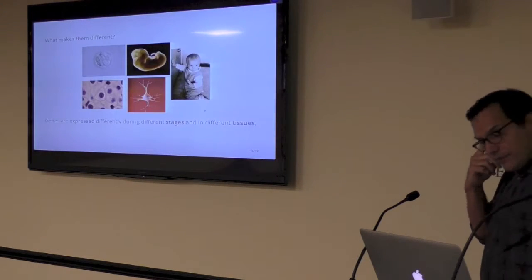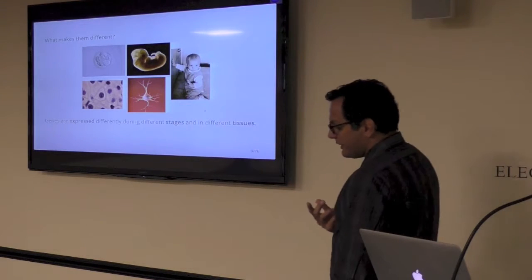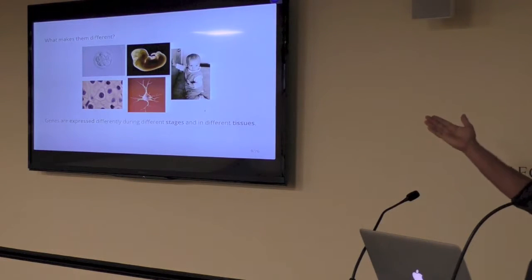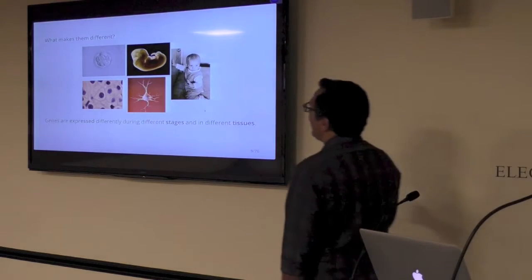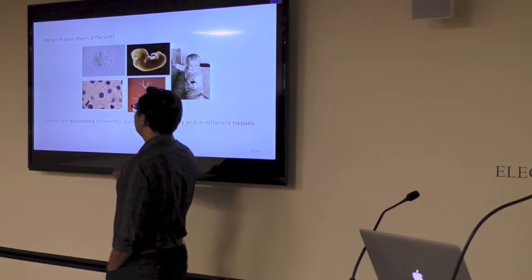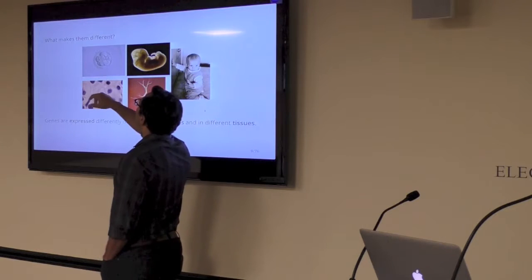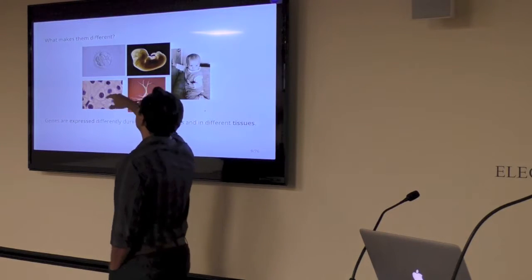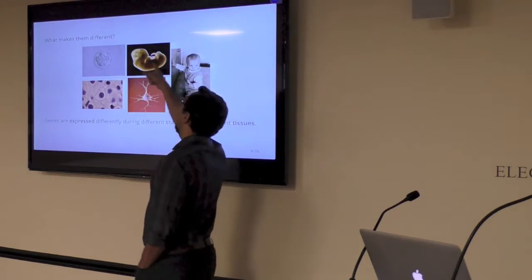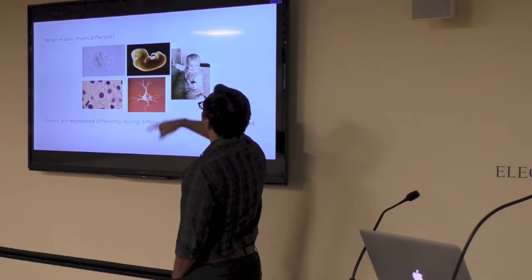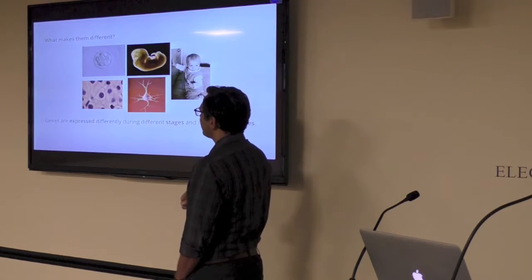But something else that we may wonder is what makes, say, these pictures of this one individual different, right? What makes a neuron different from, say, a muscle cell? How do different structures in the cell go from a single cell to a full-grown individual?